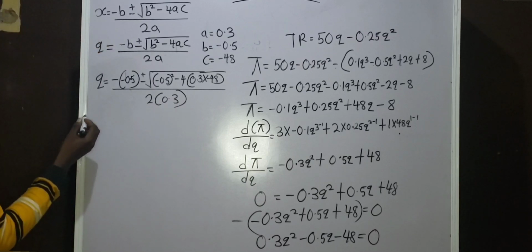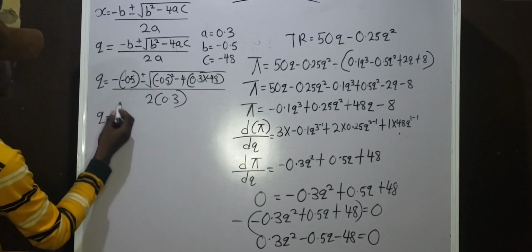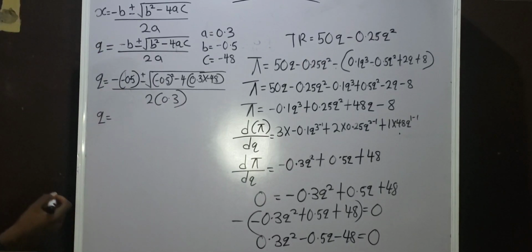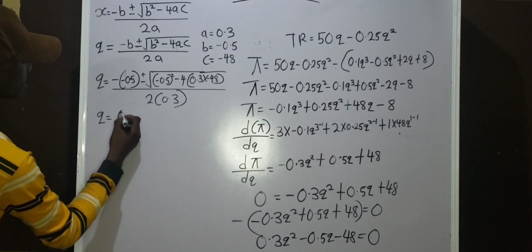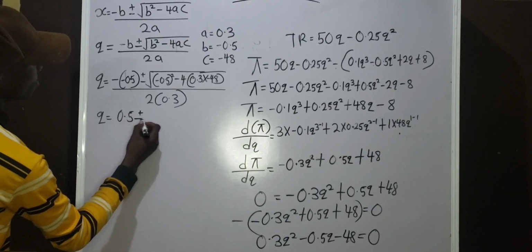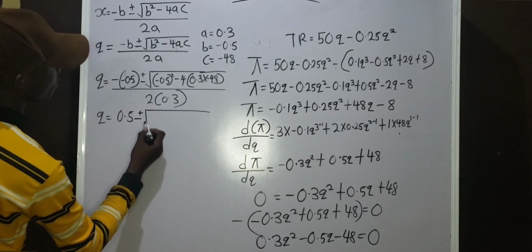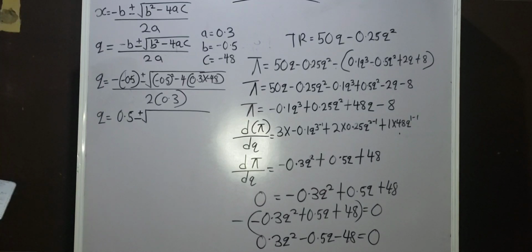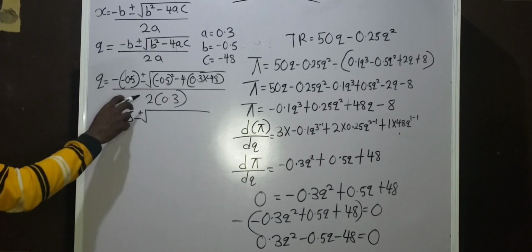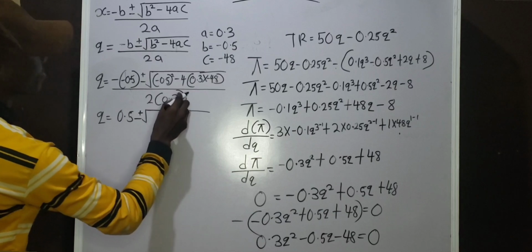Okay, so now for this, I'm going to have q is equal to negative 0.5, that is positive 0.5. So I'm going to have 0.5 plus or minus the square root of 0.5 multiplied by 0.5. Please, I want you to pay attention to the signs at the front of each parameter that we have in this formula. Look at this.